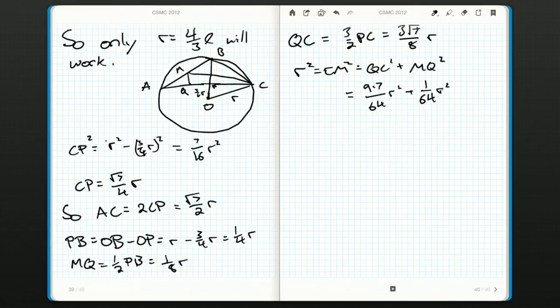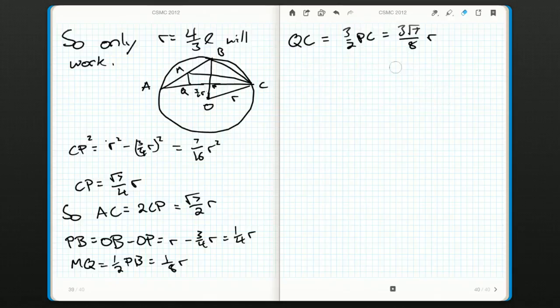Is there anything else we can do? So that's no help, let's just erase that. Well, AM, I should be able to figure out. AM squared is MQ squared plus QA squared.